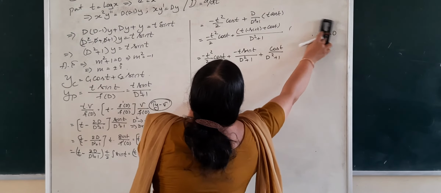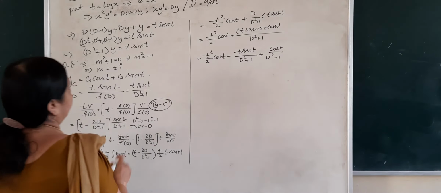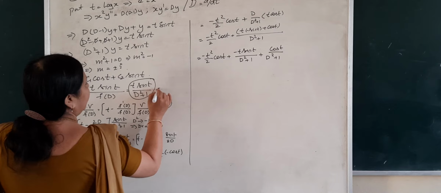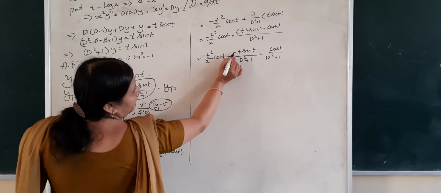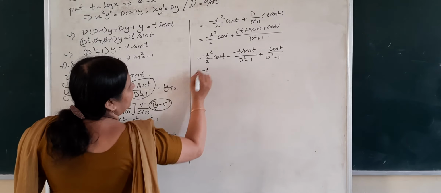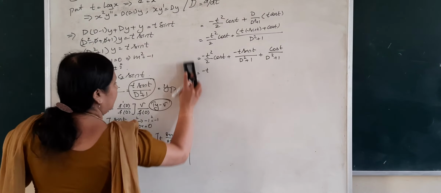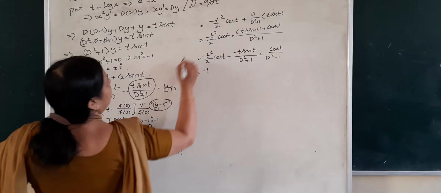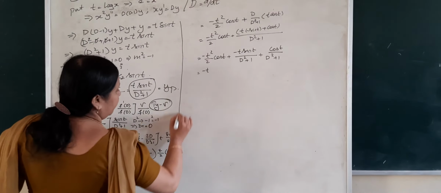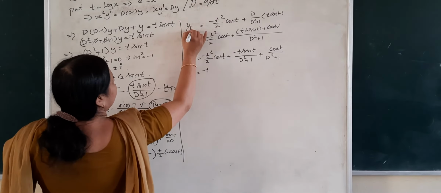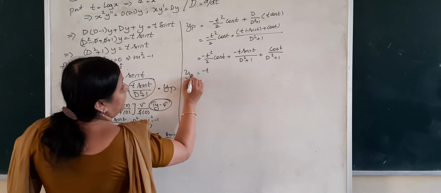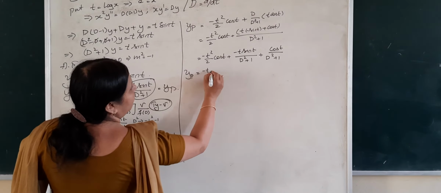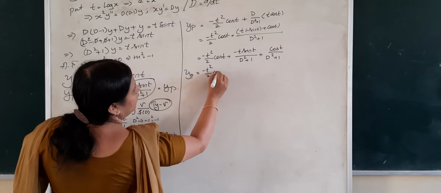Now we will apply the type 2. But this is nothing but our yp, right? So this term will be replaced by yp and the negative sign will be minus, so this entire thing is yp only. Okay, so you will be getting again yp is equal. You can see how different the problem is from others.